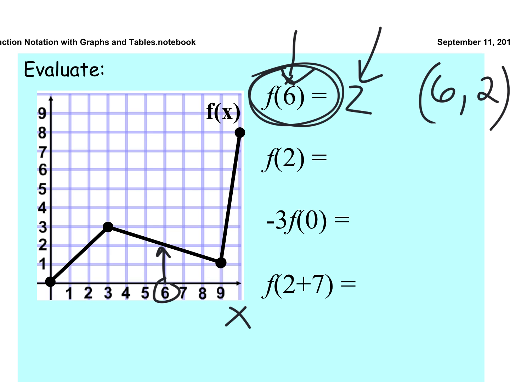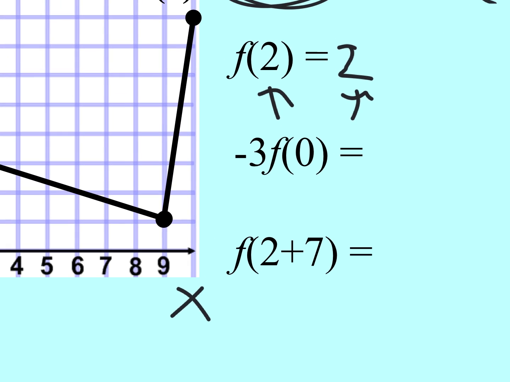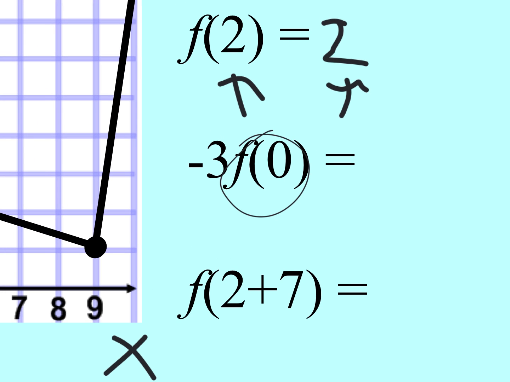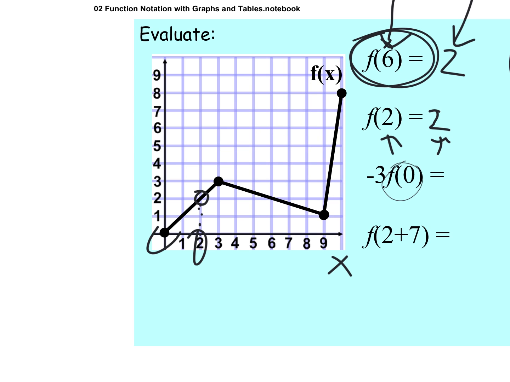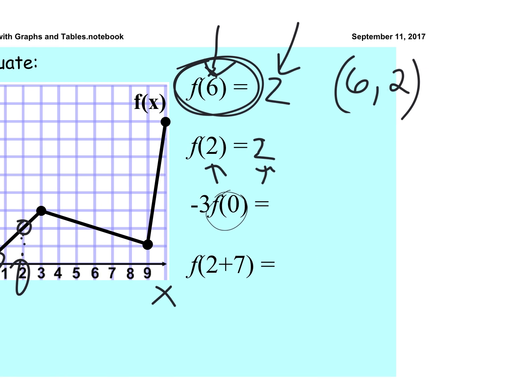All right, now that you got that, f of 2 should be pretty easy. They told you x was 2. You go to x is 2. Follow it up. Seems like the point 2, 2. f of 2 is 2. All right. f of 0, whatever that is, I'm just going to times it by 3. f of 0 was right there, and it was 0.